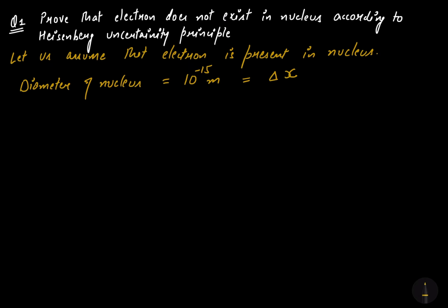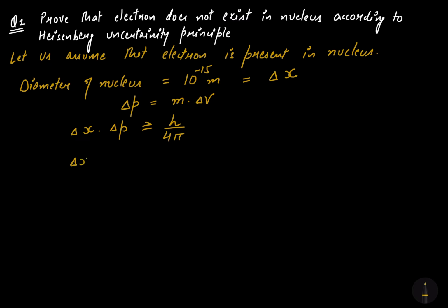Now, what is the uncertainty in the momentum? Delta p. It is m delta v. So now let's put the formula. Delta x into delta p will be greater or equal to h upon 4 pi.